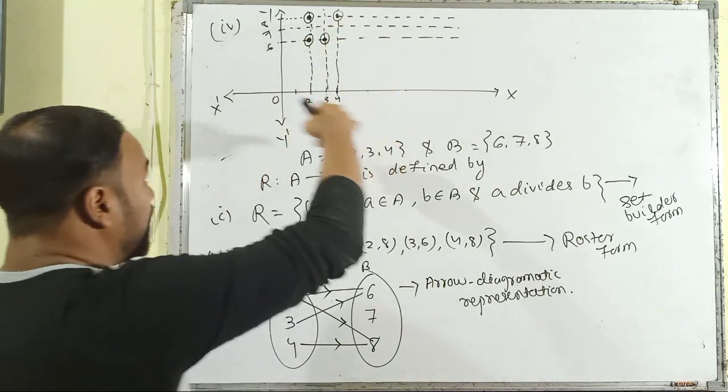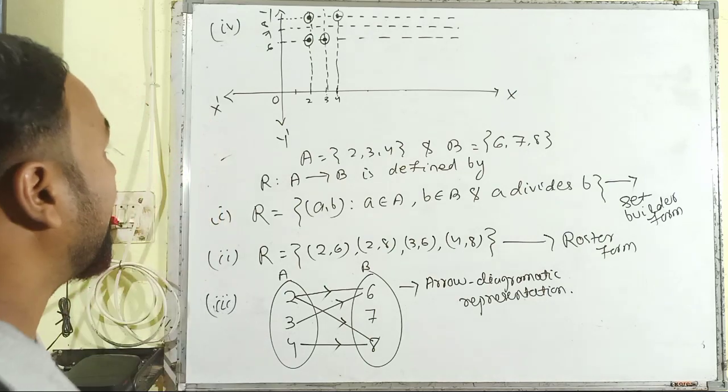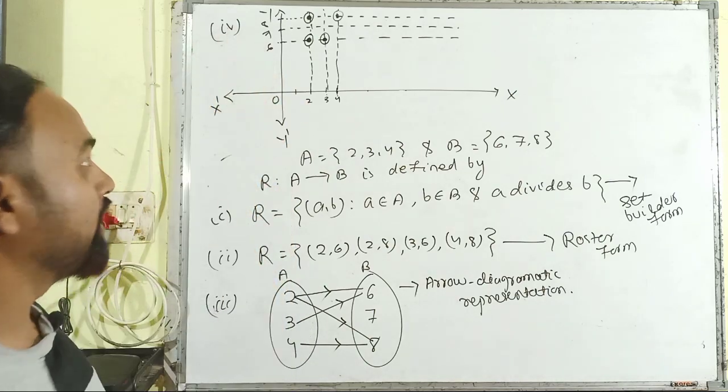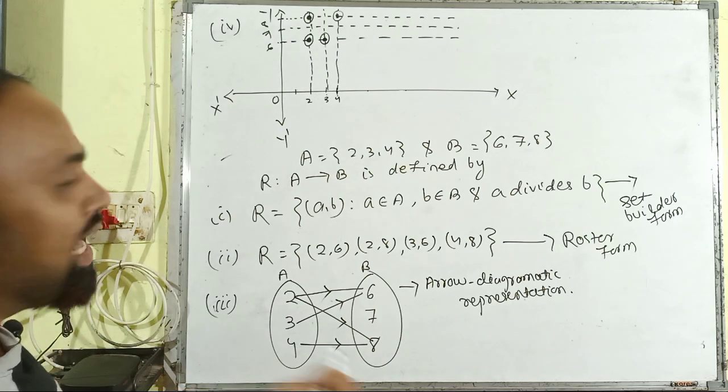So this is the representation of a relation in the lattice method, and by this method we can represent a relation by plotting dark dots.